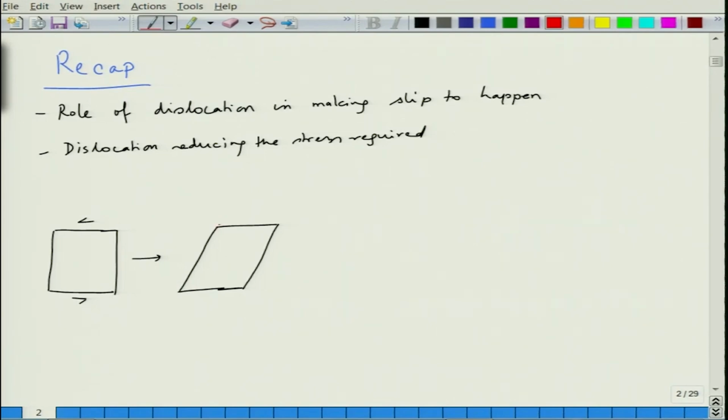So essentially you have one crystal like this, then the next crystal could be something like this, and you create these microscopic steps formed as a result of slip between successive planes. I am sorry if I am not drawing it very well, but I hope you get an idea.